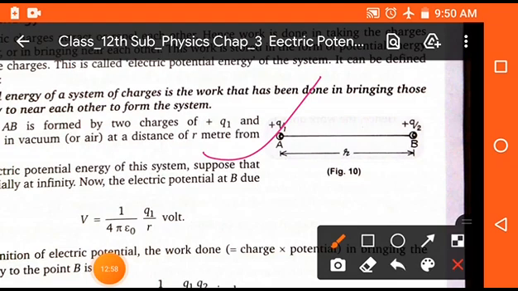This figure is a combination of two charges Q1 and Q2 which are placed at a distance r. First of all we will find the potential due to charge Q1. So V is equal to 1 upon 4 pi epsilon naught Q1 upon r. And we have to find the work done.